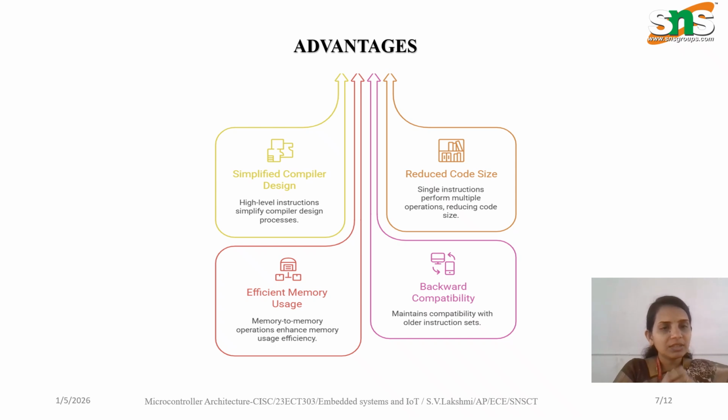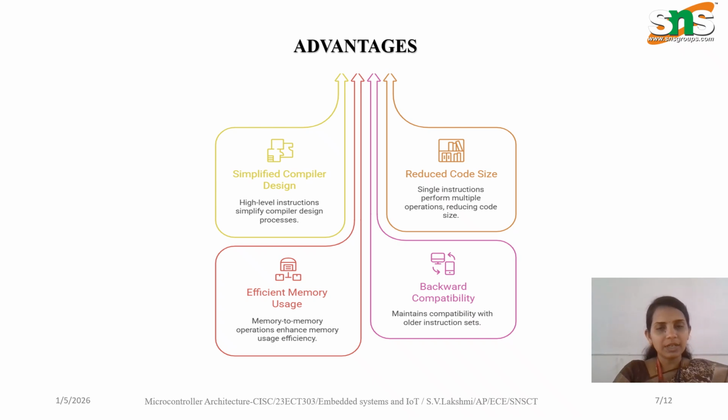So the advantages: simplified compiler design, which means the higher level instructions simplify the design of the compiler, and reduced code size. A single instruction will perform multiple operations, hence the size of the code is reduced. Efficient memory usage, and backward compatibility. It maintains compatibility with the older instruction sets as well.